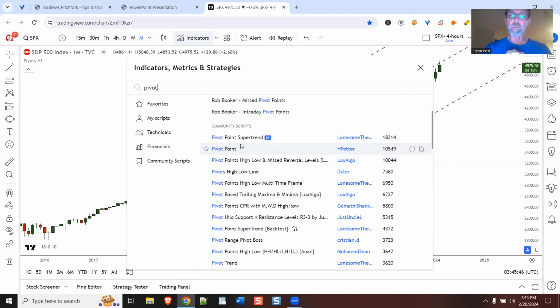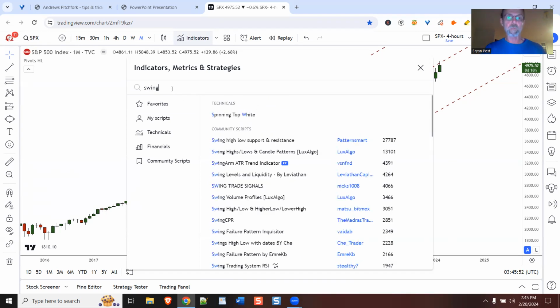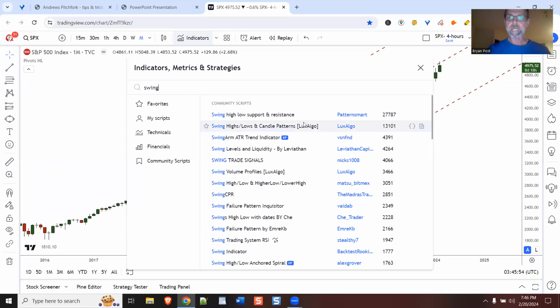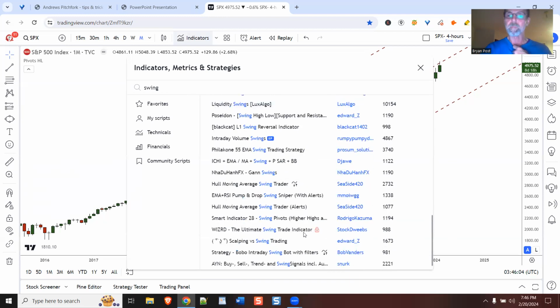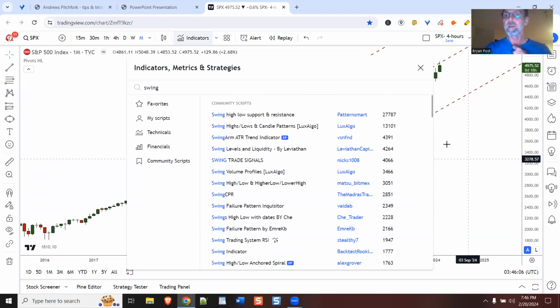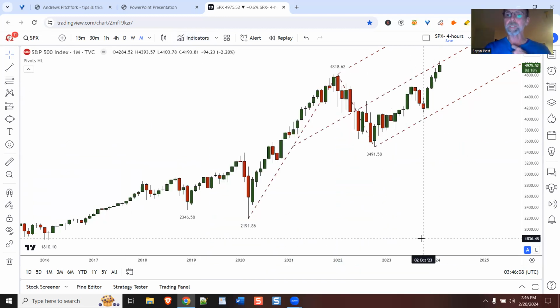They've shared these tools for other people to use. We can do the same thing with swing. In this case, there are no TradingView tools that have swing as part of the name, but we've got a bunch of tools that have been provided by other people and shared publicly.